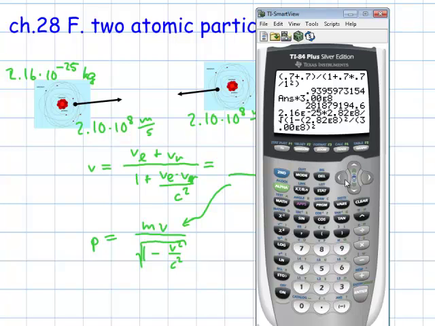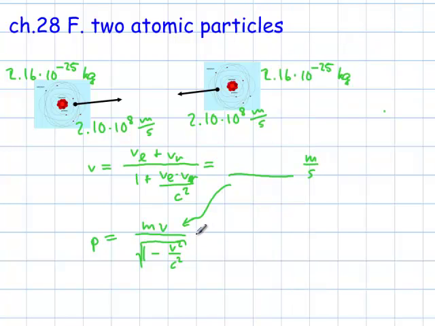I actually just noticed that I could have already squared this in my head, which comes out to 9 times 10 to the 16 for the speed of light squared. I did everything correct, and I come up with a momentum of 1.8 times 10 to the negative 16 kilograms times meters per second for the momentum of one of those particles. And again, I'm not going to write that down, but here's the unit.